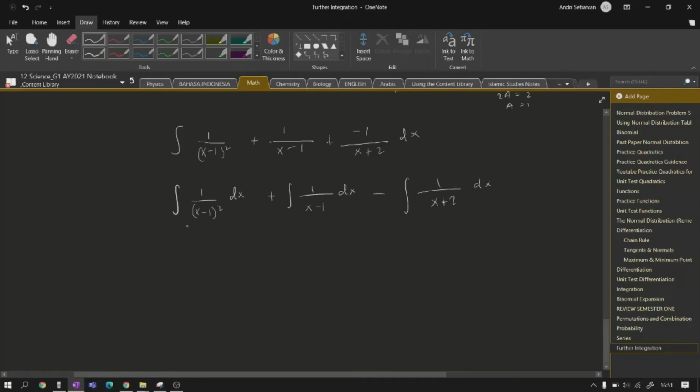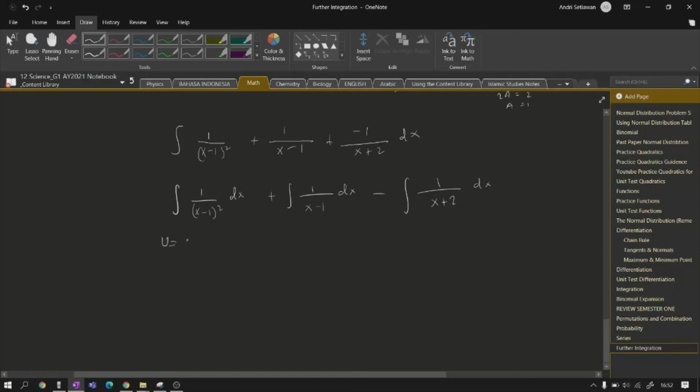For this case, you can actually use the learned form, but if you are confused, let's use the substitution technique.